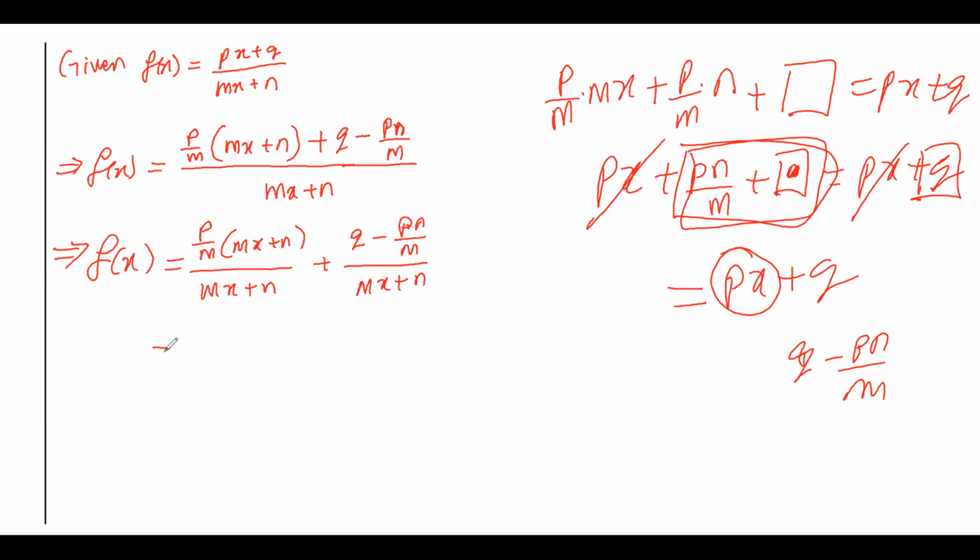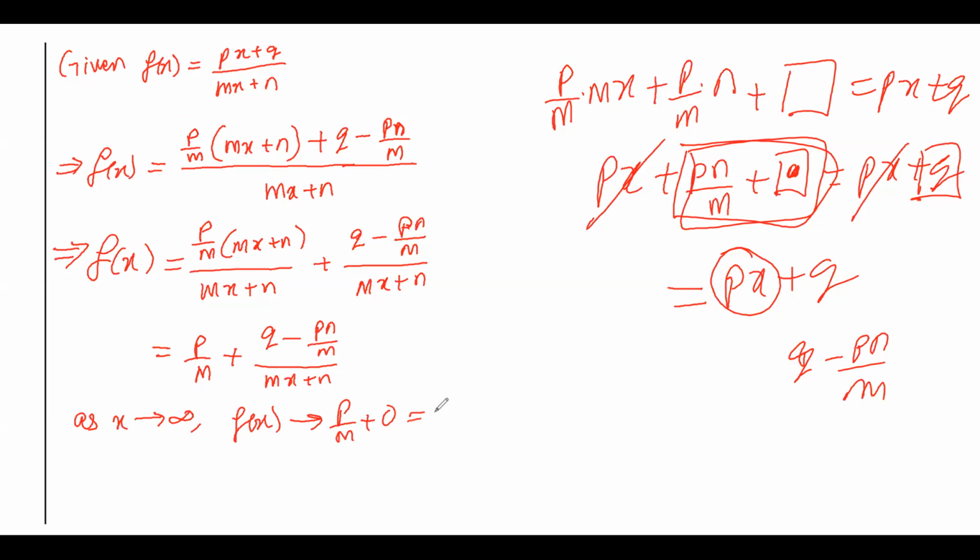So which means our f(x) equals p over m, because these two will cancel. Then this remains q minus pn over m, everything divided by mx plus n. Then you apply limits. As x tends to infinity, f(x) tends to p over m plus 0, because this part will be 0, which is equal to p over m.